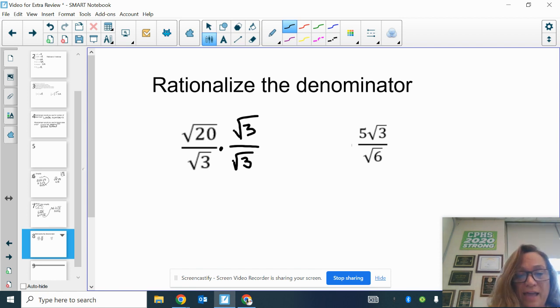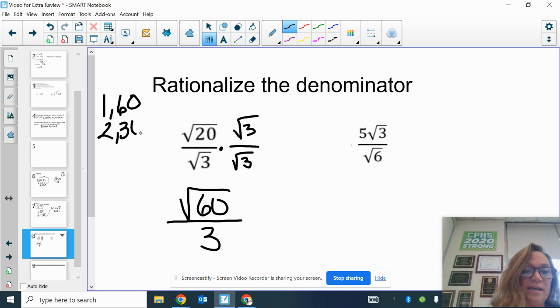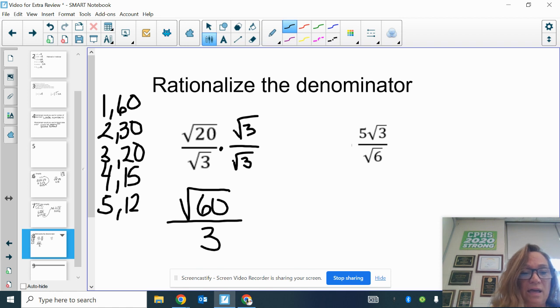Okay? So that gives me radical 60, 20 times 3 is 60, over 3. Now I'm thinking about radical 60. Can I simplify that? It's 1 and 60, 2 and 30, 3 and 20, 4 and 15, 5 and 12 is probably the 4, 6 and 10.